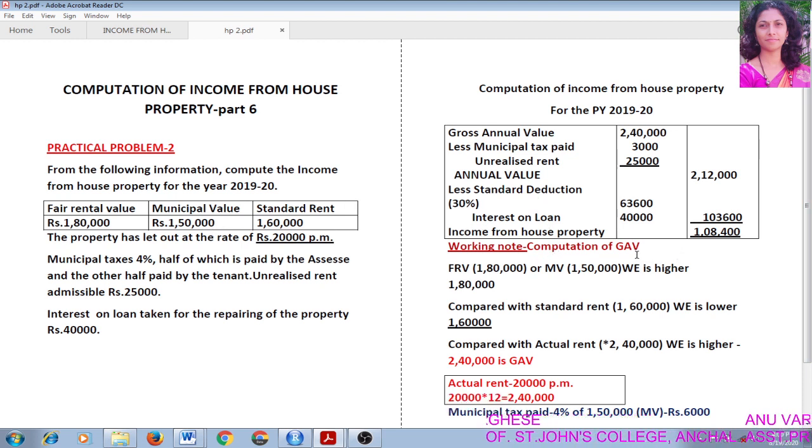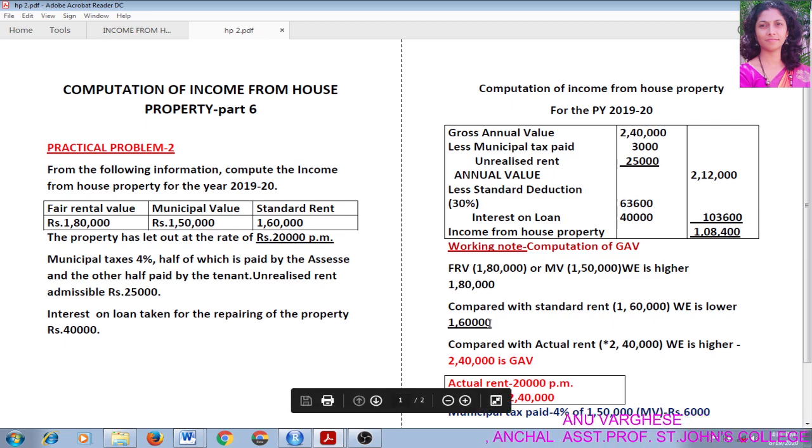For computing gross annual value, the first step is we have to compare fair rental value with municipal value, whichever is higher. 1,80,000 with 1,50,000. The higher figure is 1,80,000. This figure has to be compared with the standard rent, whichever is lower. So 1,60,000 is lower. Again, this figure has to be compared with actual rent.